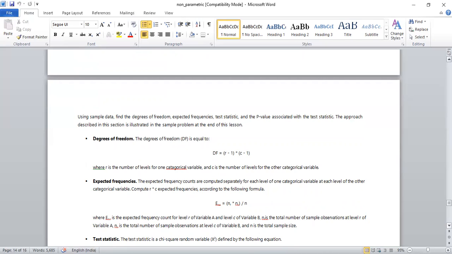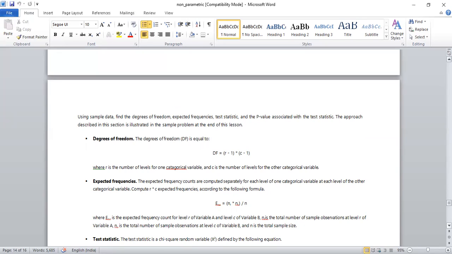If categorical variable A has r levels and categorical variable B has c levels, then r minus 1 is the degrees of freedom when considering only A, and c minus 1 when considering only B. So how many combinations can you find? (r minus 1) multiplied by (c minus 1), that is your degrees of freedom.